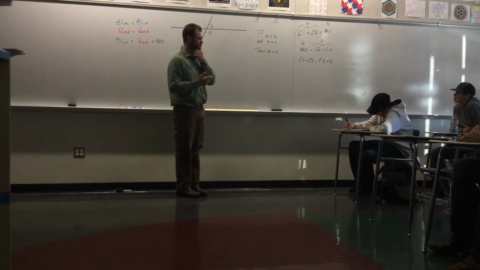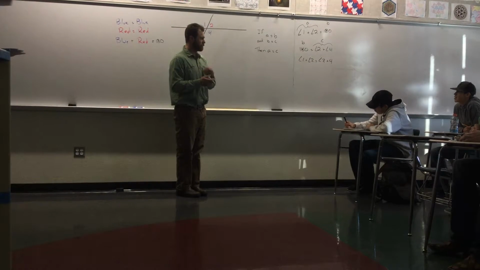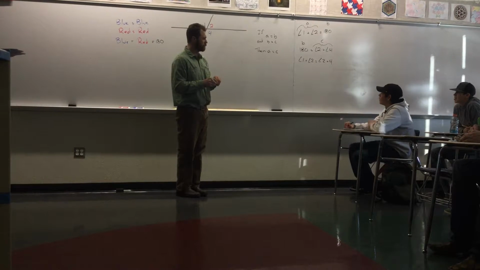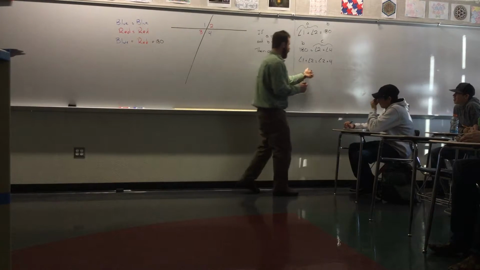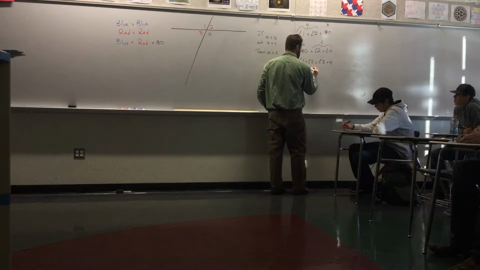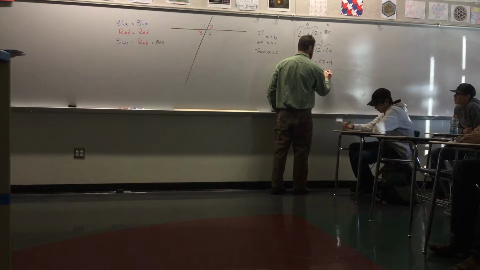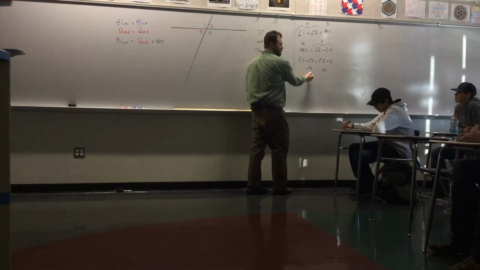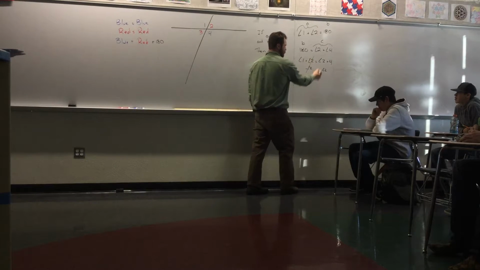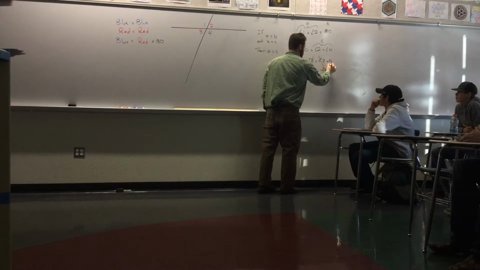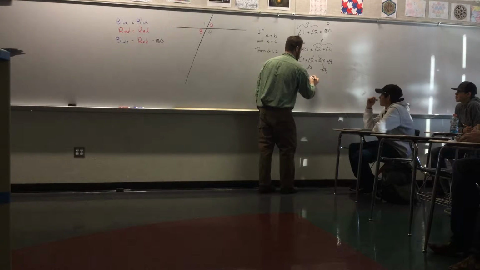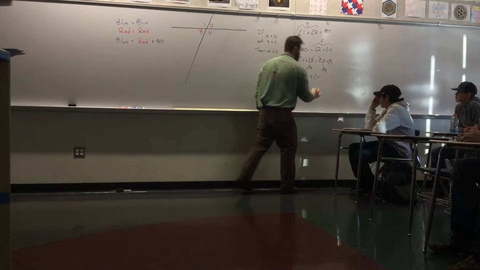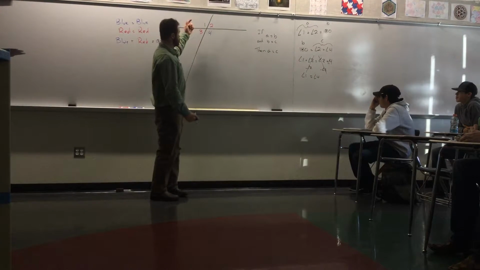What is on both sides? 2, right? So I could subtract angle 2 from both sides, right? A positive angle 2, negative angle 2, those guys go to 0. Same with this. And I now just have angle 1 is equal to angle 4. Ta-da!